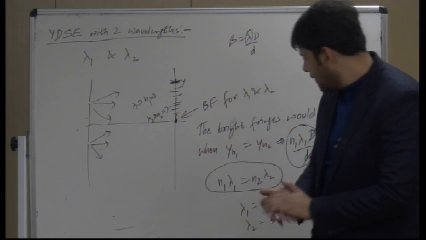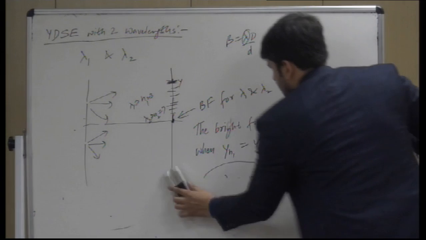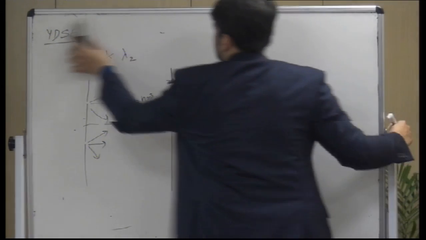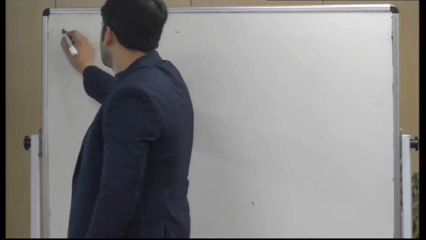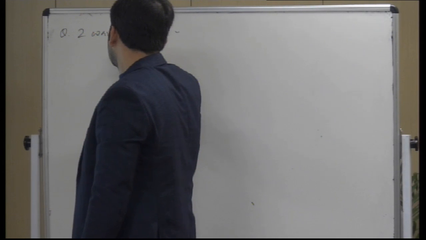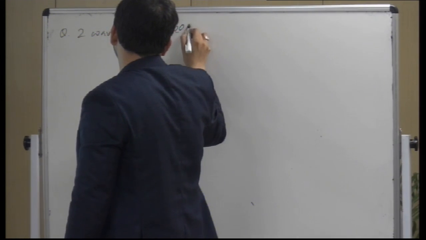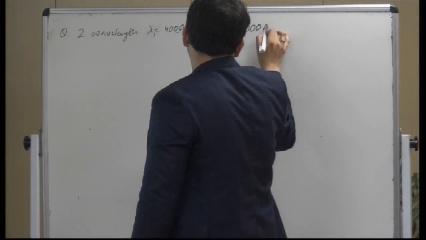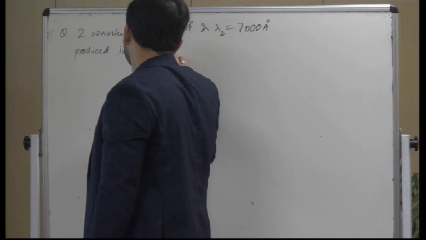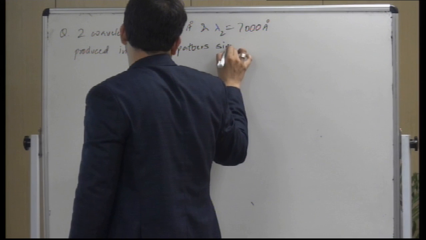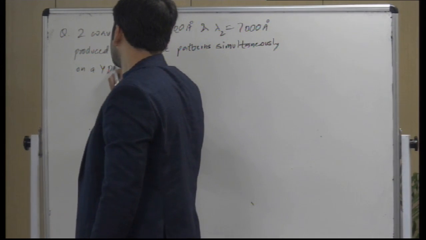So let's have a question on this. The question says two wavelengths, lambda 1 is equal to 4000 angstrom and lambda 2 is equal to 7000 angstrom, produce interference patterns simultaneously on a YDSE setup.